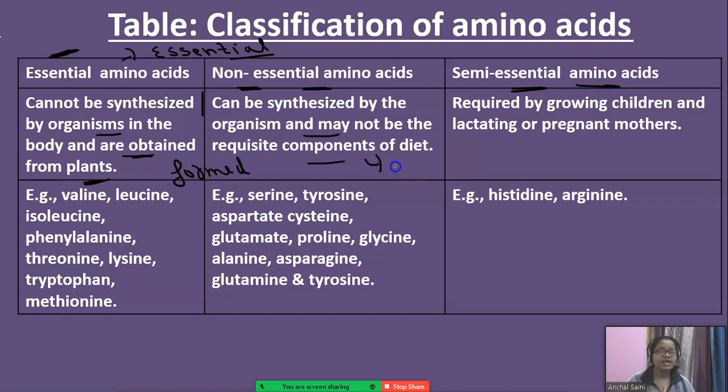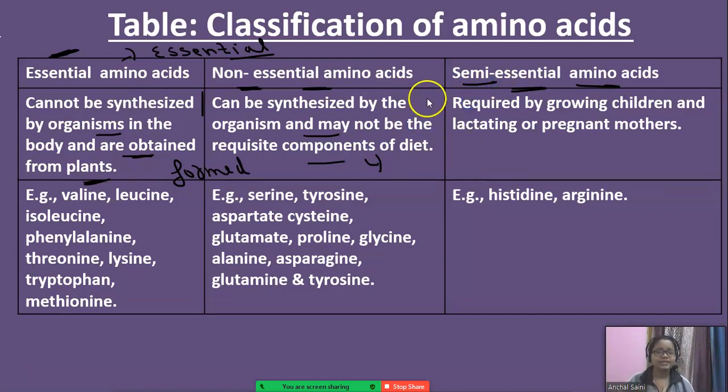They are synthesized by our own body, so we do not need to supply them from outside. That means they are synthesized by our body or by the organism, and they are not the main component of the diet. So these are non-essential. Now moving to the next one, that is the semi-essential amino acids.